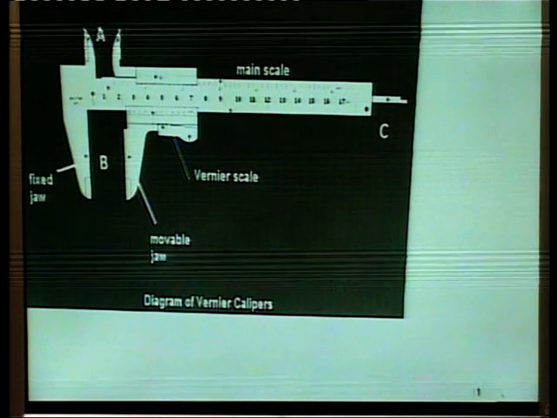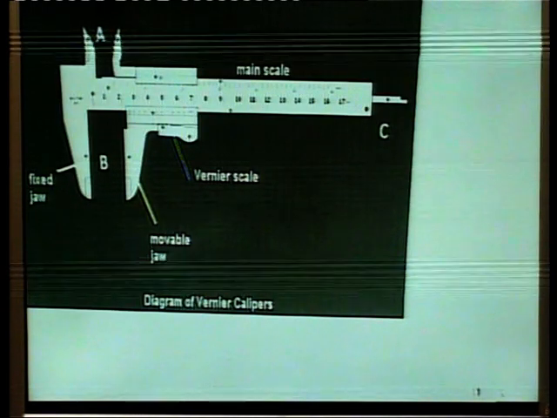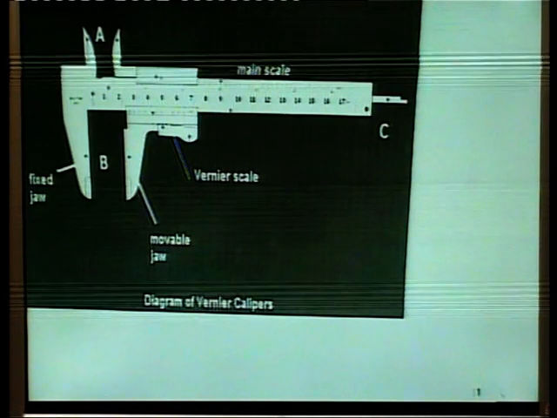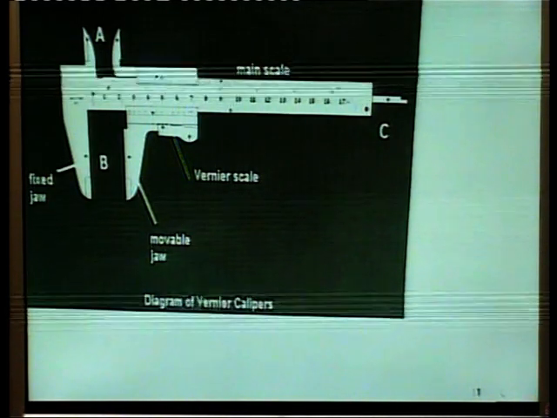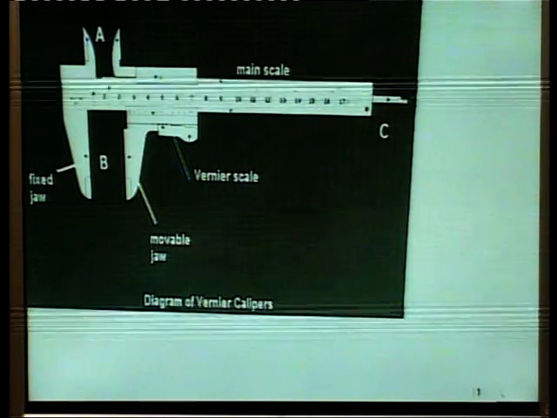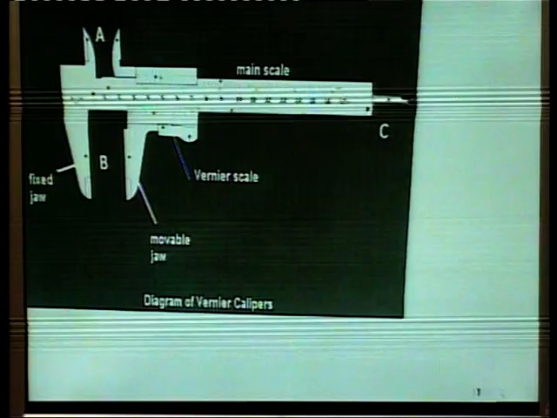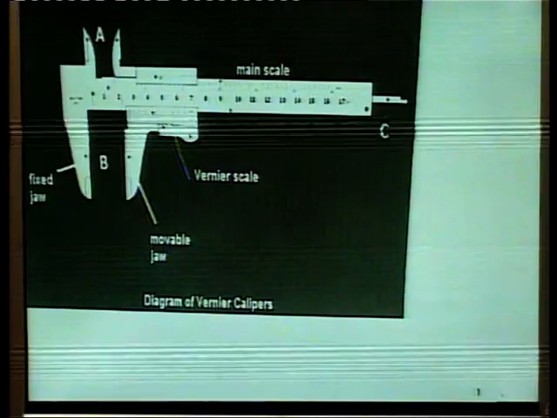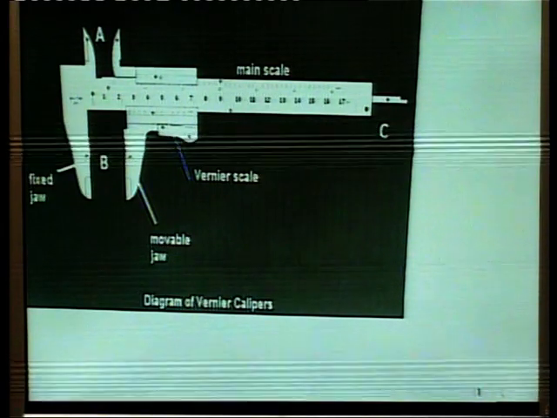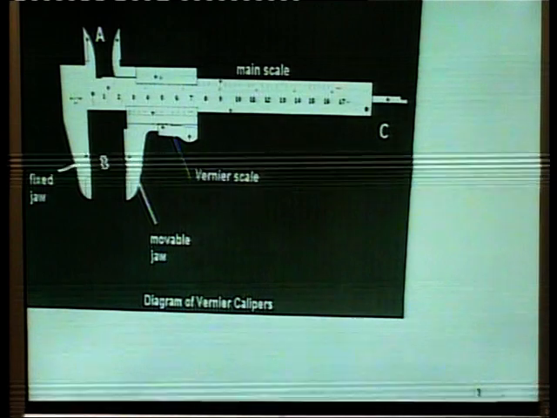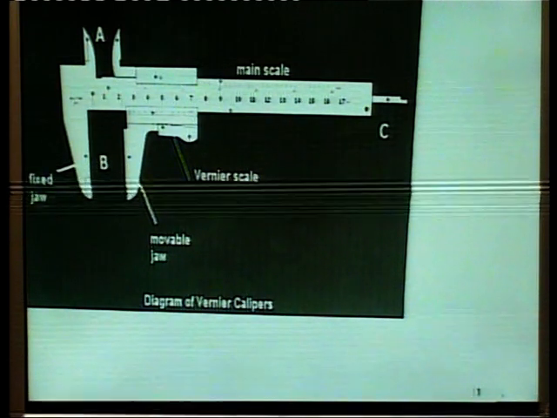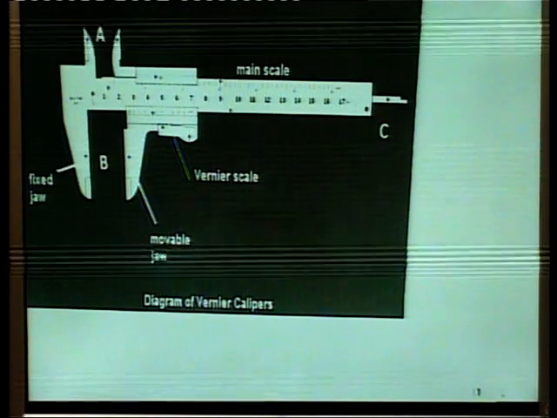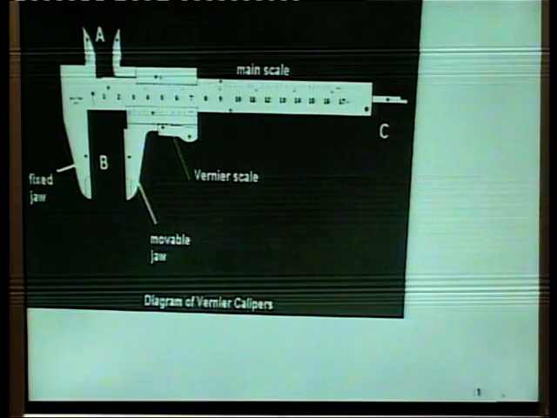A third part of the vernier caliper, which is used for keeping the objects to be measured, is labeled as C in this diagram. It allows for finding the depth of the vessels. The part labeled B in the diagram is used to measure the external diameters. Here the object whose diameter is to be measured is kept in between a fixed jaw of the vernier caliper and the movable jaw, which is continuous with the vernier scale.